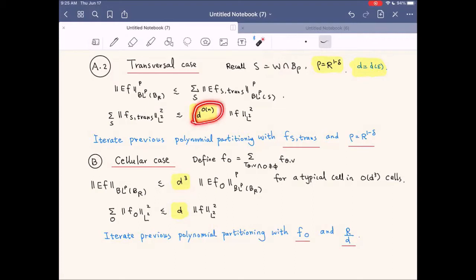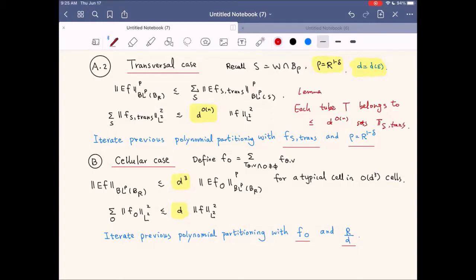It will contribute to D to the n many balls B_ρ. So each tube T belongs to at most, I think, this many sets S. T is transversal, and that was the geometric lemma we proved.